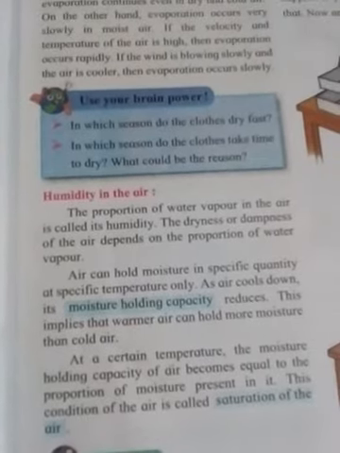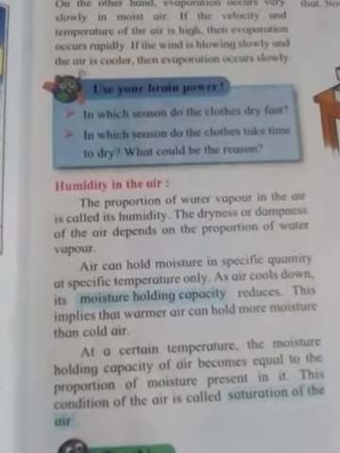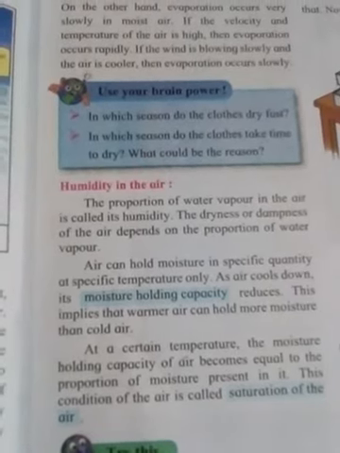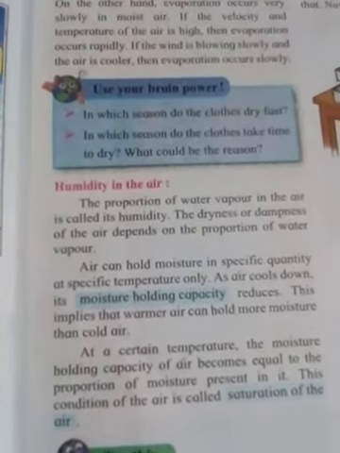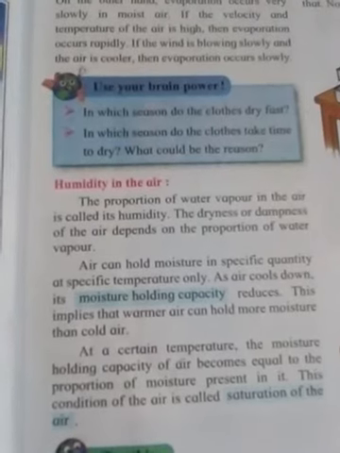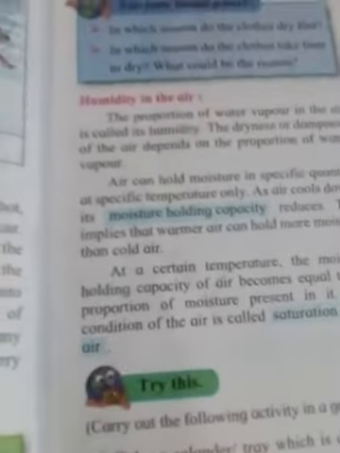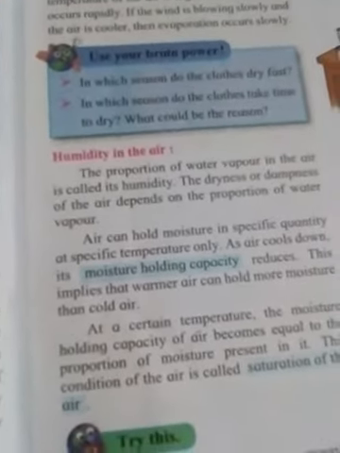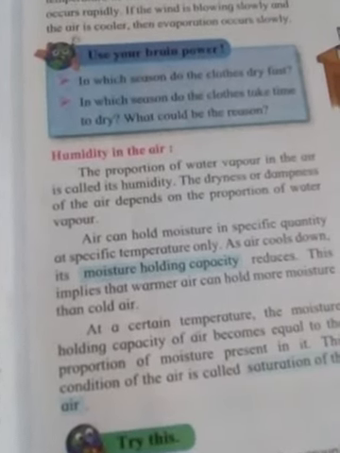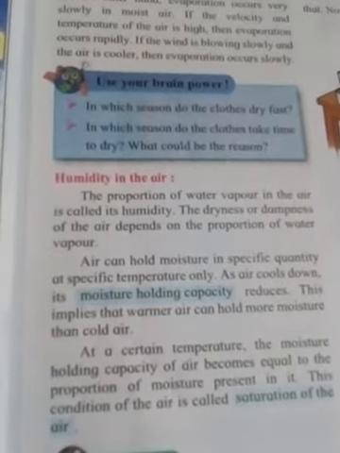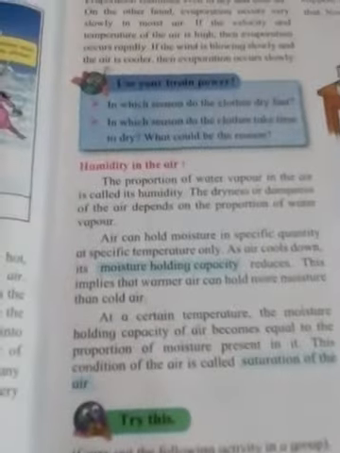Air can hold moisture only in a specific quantity at a specific temperature. As air cools down, its moisture holding capacity is reduced. That means air can hold moisture only in a specific quantity at a specific temperature. As air cools down, its moisture holding capacity reduces.